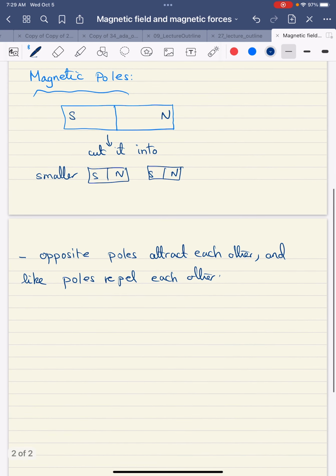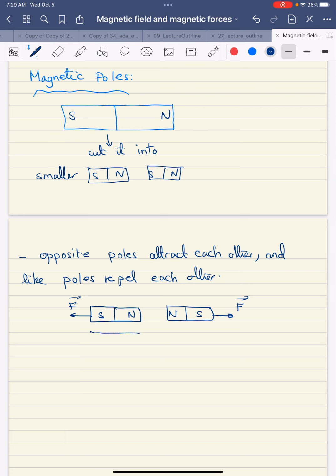All right, then here if you have the two magnets, this is the north, this is the south, this is the north, this is the south, they're gonna repel each other, then the force is gonna be away from each other. If you have them like you have for this one the north here and the south here, and for this one you have the south here, north here, then they are going to attract each other.